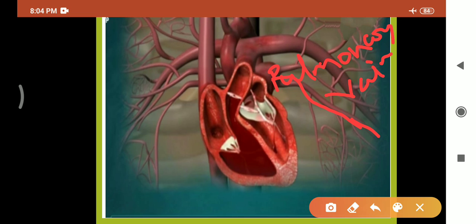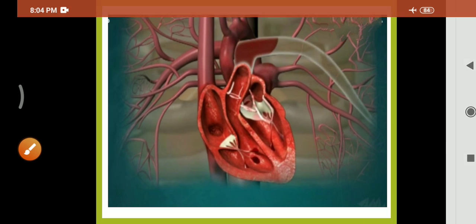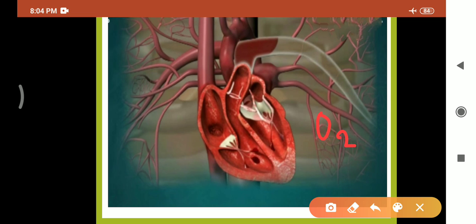Pulmonary veins carry the oxygenated blood. Deoxygenated blood is carried by the pulmonary artery, and the pulmonary vein takes the oxygenated blood from the lungs to the heart, right?